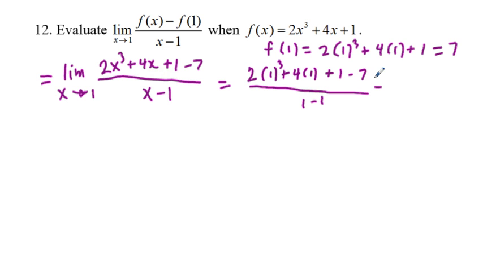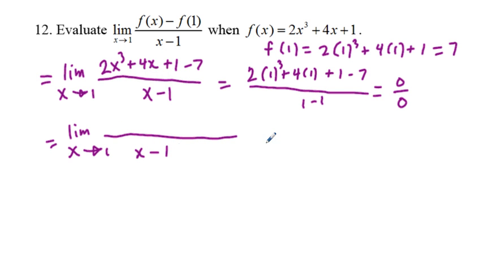So we have 7 minus 7. We're going to get 0 over 0. So we're going to need to factor that numerator. And we have a cubic relation here to factor, which isn't going to be as easy as a quadratic. But we're going to have this x minus 1 here, and remaining in the numerator, we're going to have 2x cubed plus 4x, and we're going to have minus 6.